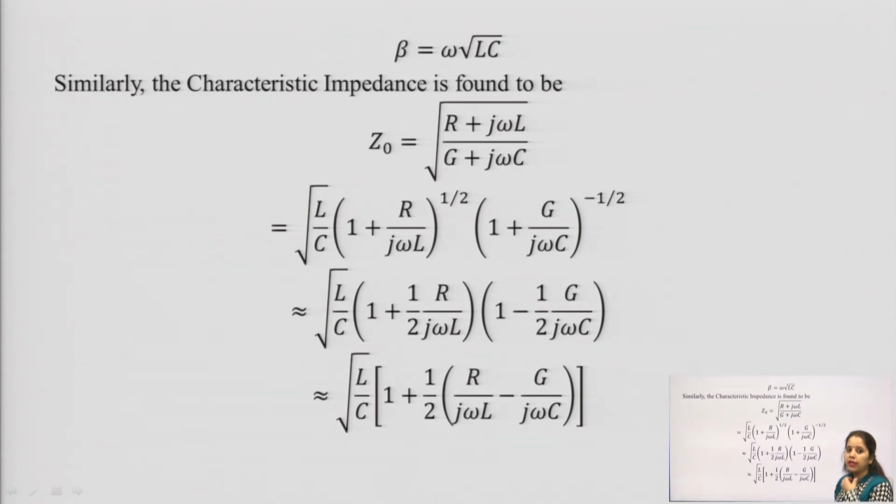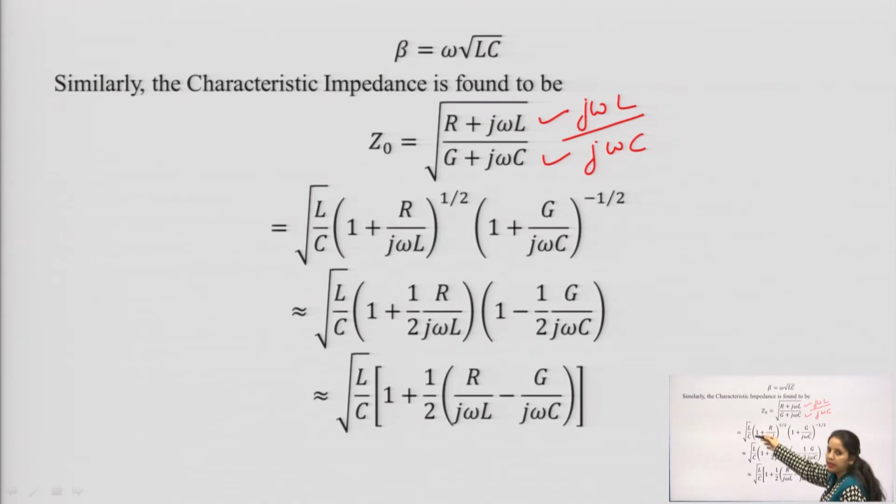Similarly, now we are going to calculate the characteristic impedance, and the characteristic impedance Z naught is given by under root of r plus j omega L upon g plus j omega C. Again the same thing: first of all we have to divide this expression by j omega L and this expression by j omega C. When we divide, of course we multiply also.